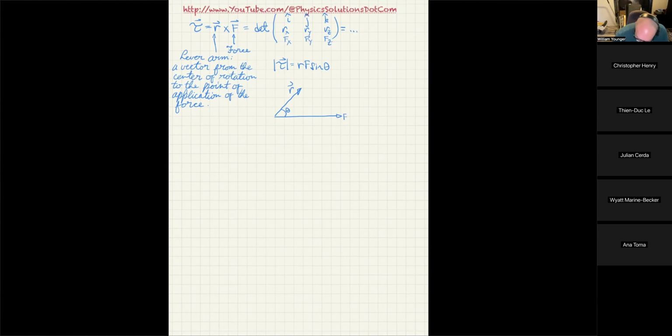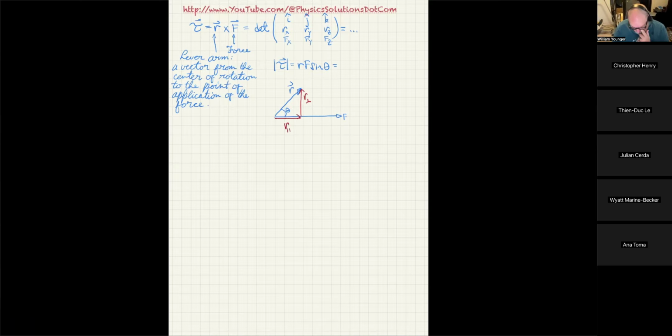So I wanted to point out that there's actually two other ways of interpreting this that make this even easier to calculate. Specifically, if we imagine R as broken up into a component that's perpendicular and a component that's parallel to F, then this would be R perp, and this would be R parallel, like that.